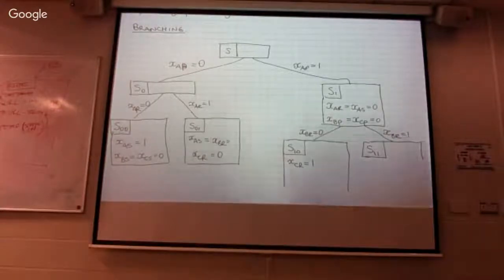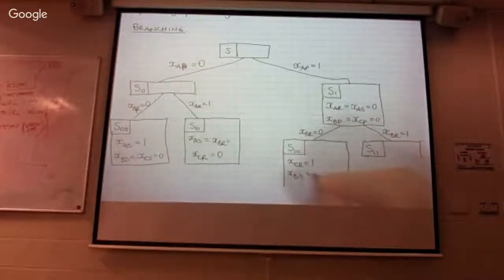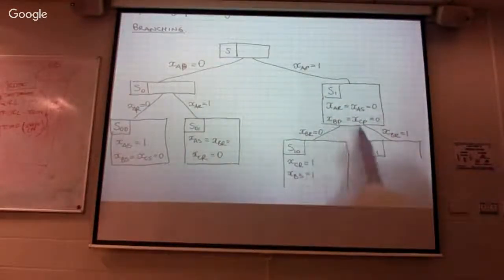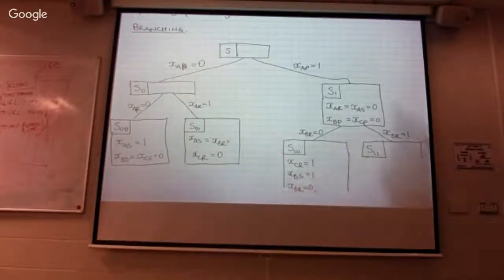And you also get that XBS must be 1, and all the remaining ones will have to be 0. XAR, yes, BP, BS, XBR must be 0, CP, XCS must be 0. If we go through all the constraints that we have, you will have to conclude that this is the only possibility for all the variable values.